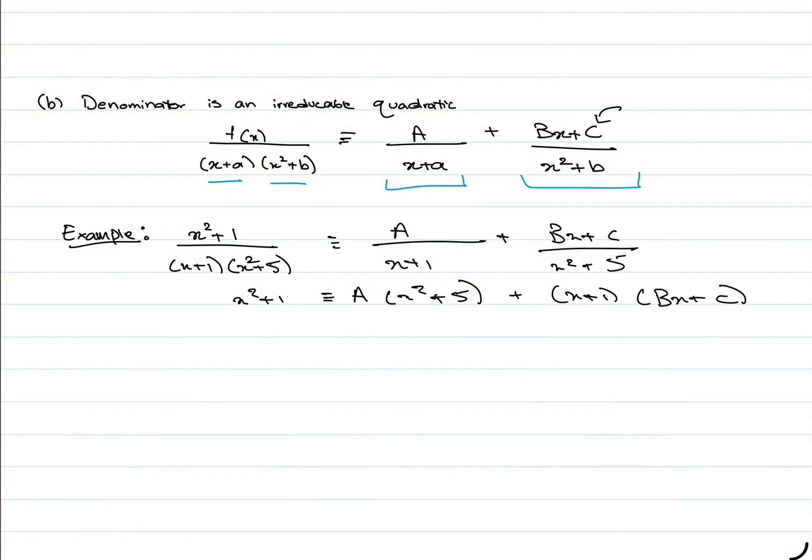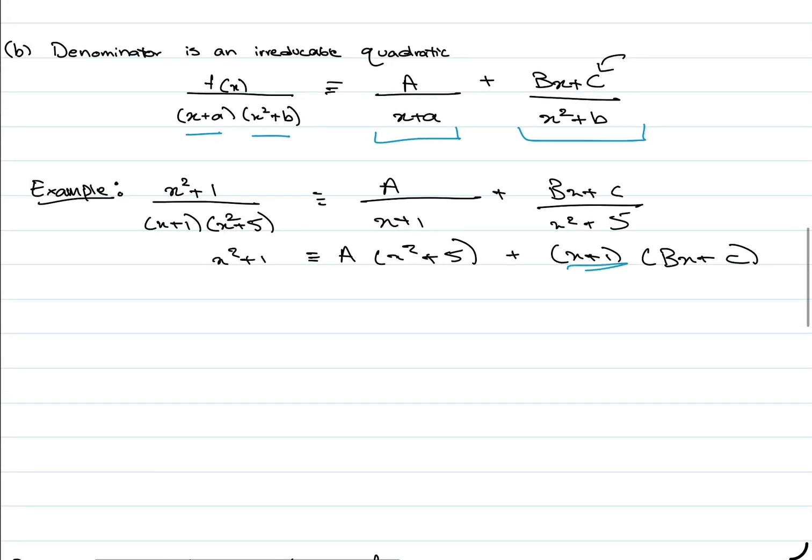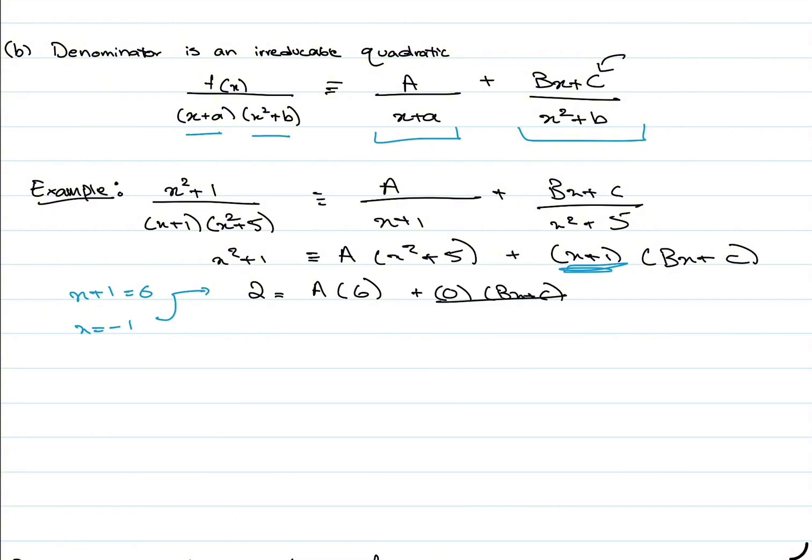The first thing I'm seeing is that we can get rid of this really easily. x plus 1 equals 0, x equals minus 1. Let's substitute that in. We get 2 is equal to a times 6 plus 0 times bx plus c. Now we don't have to deal with the b or the c right now. So 2 is equal to 6a. a is equal to 1 upon 3.